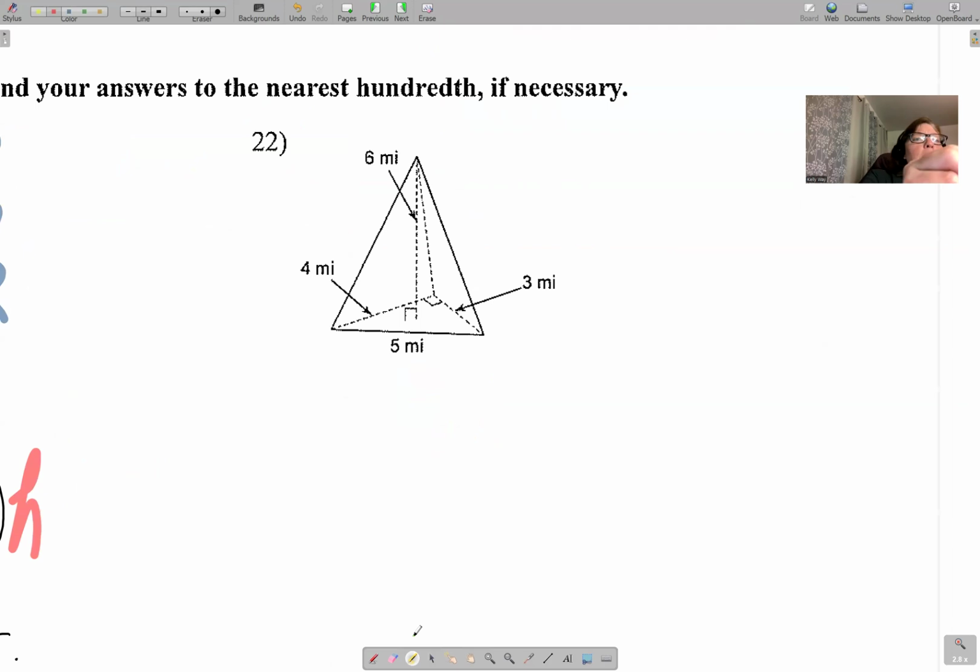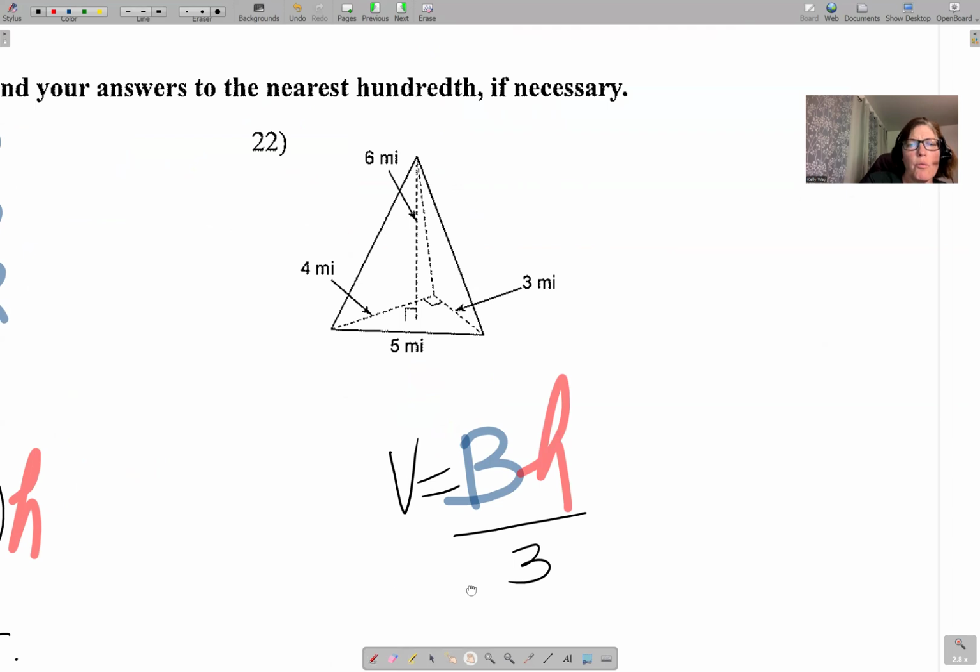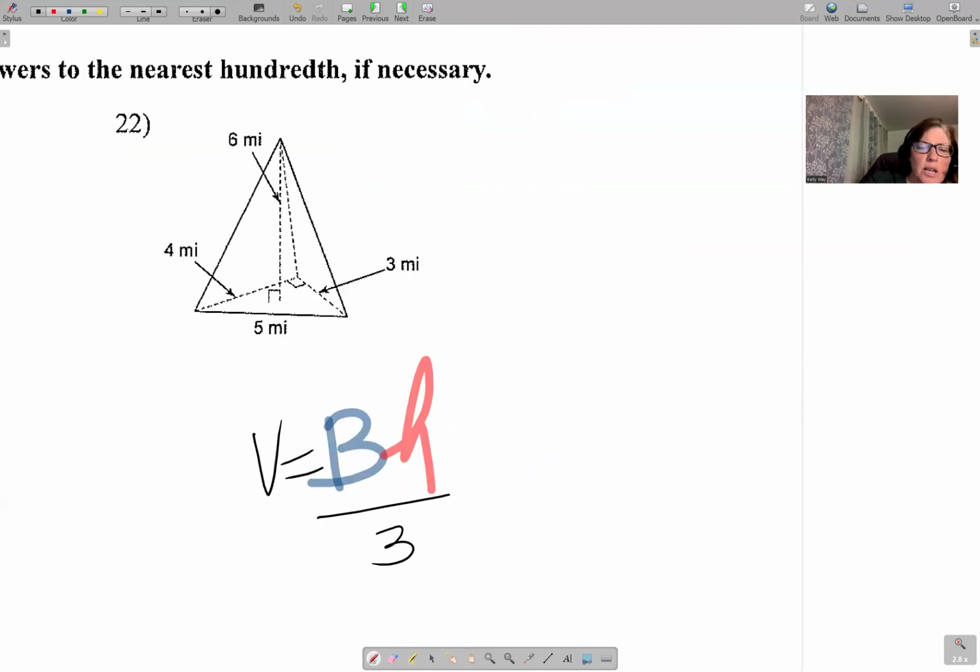For a pyramid and a cone, its volume equals base times height over 3. Once again, you need to go through the process and define what is the base. The base here is a right triangle.